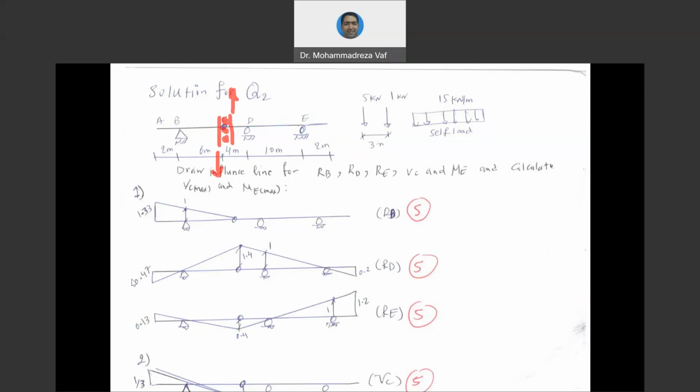And then we need to look into the deformed shape. So if point C wants to go down, we are going to have a rotation at point B, and therefore we see something similar to this when we push the left side down.